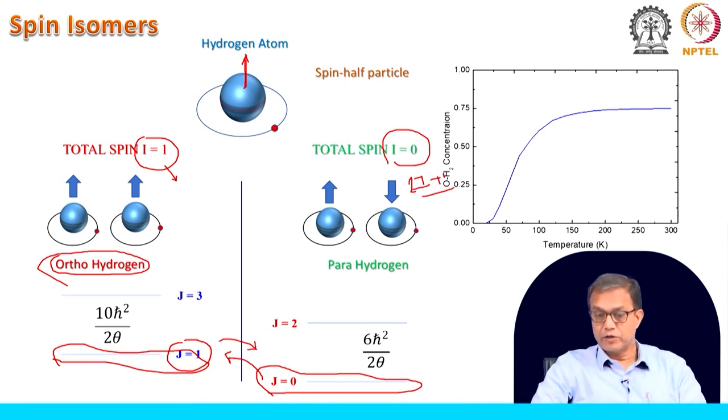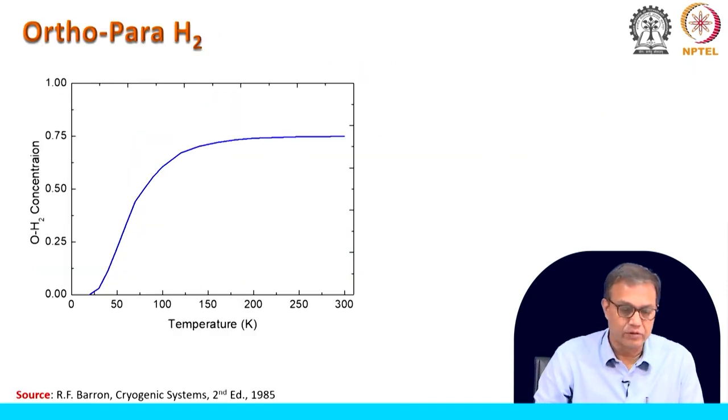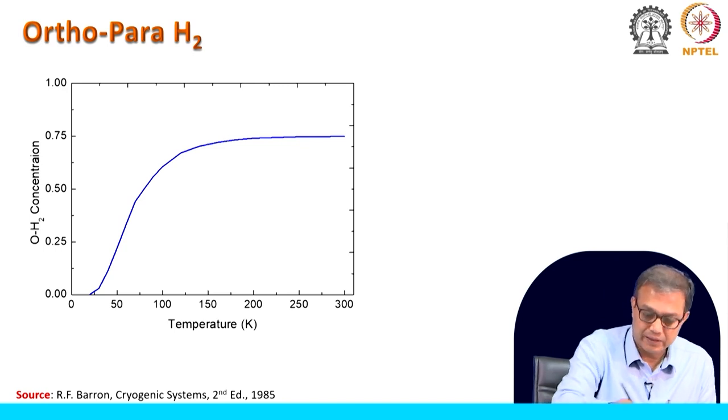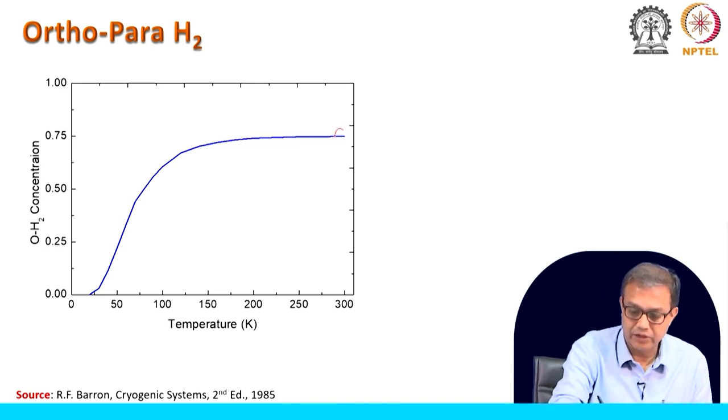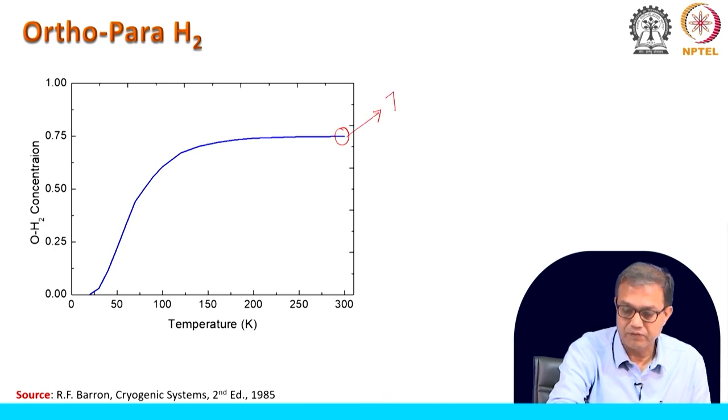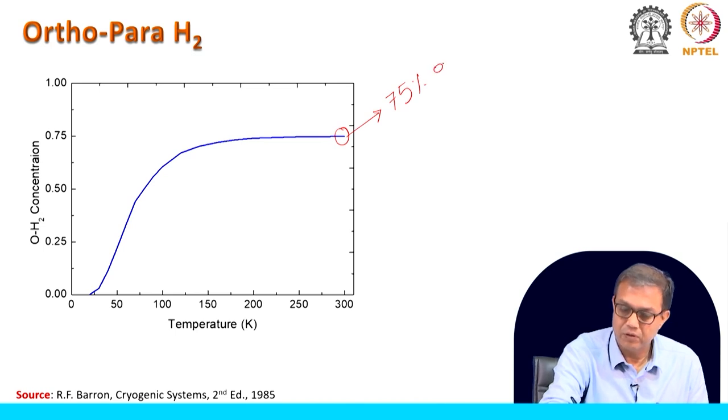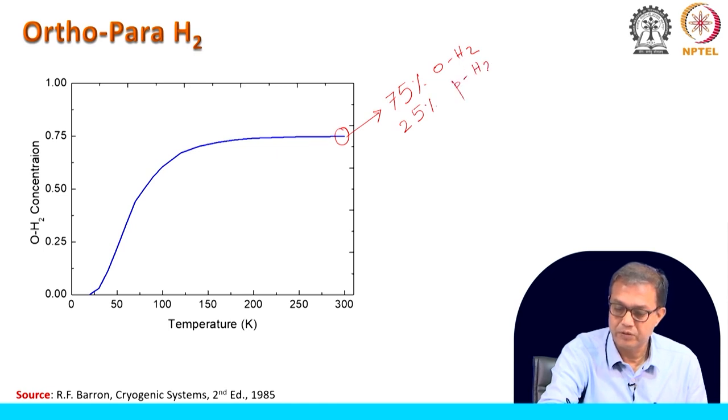So let us look into this ortho-parahydrogen concentration. We can understand that at nearly 300 Kelvin, we have 75% orthohydrogen (oH2) and the remaining 25% parahydrogen.